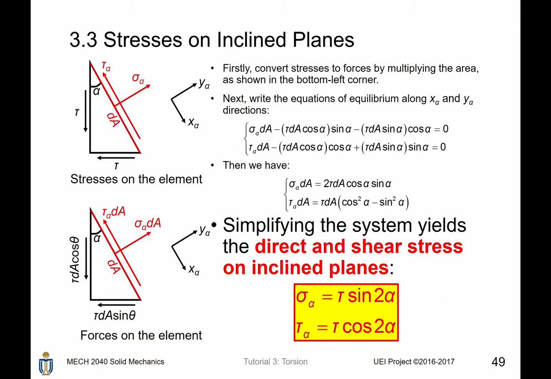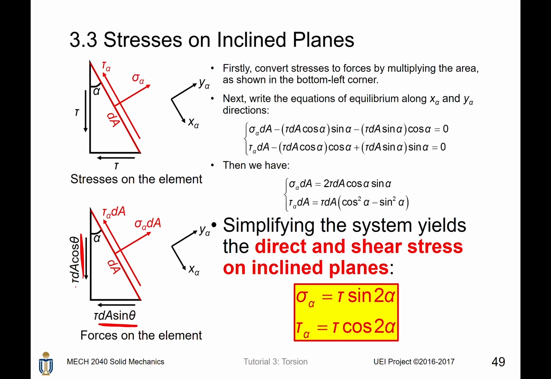Now we do the static equilibrium of this triangular wedge stress element. Consider the area of the inclined plane to be dA. Then the area of this surface will become dA cosine theta, while the area of the surface at the bottom is dA sine theta.